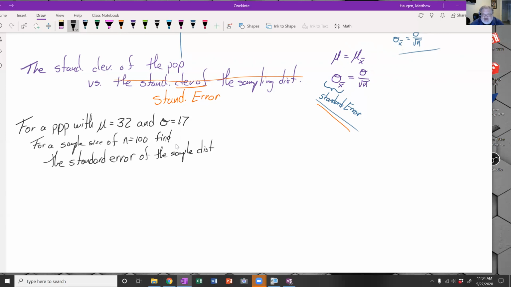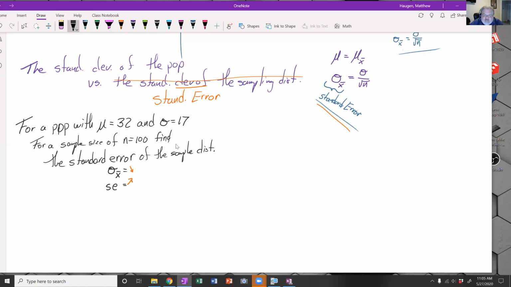It's the standard deviation of the sampling distribution. How do we find it? Well, it's our standard error of our sampling distribution. Oftentimes you'll see people write SE, by the way, for standard error. It's the same thing. So either one of those is fine.